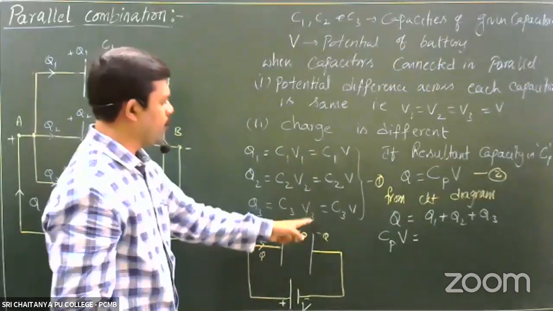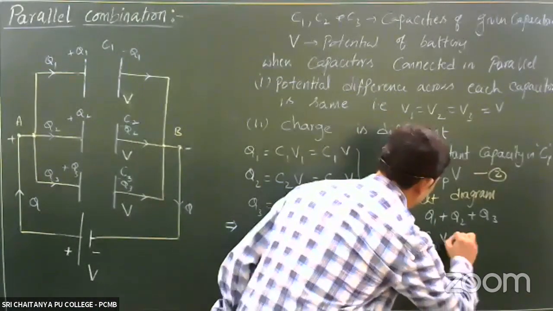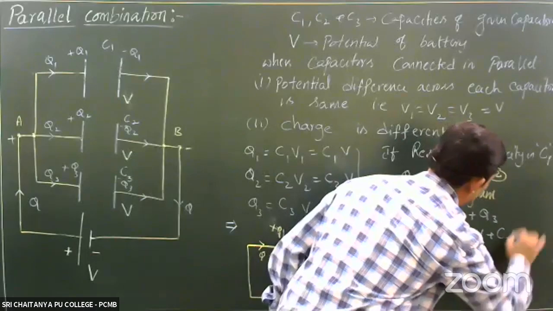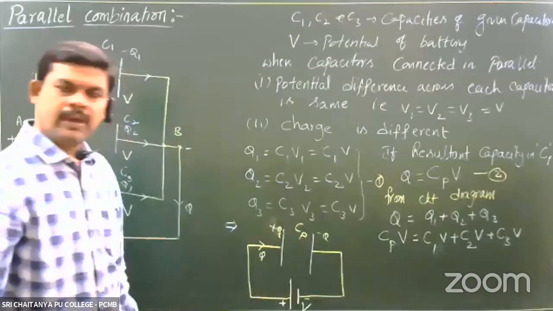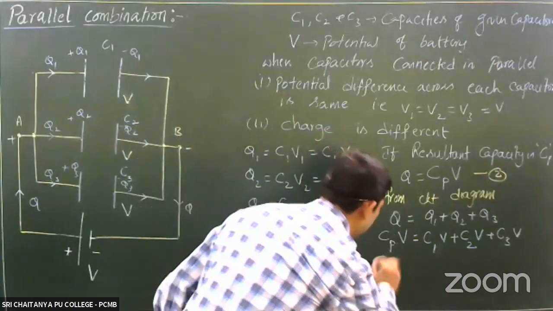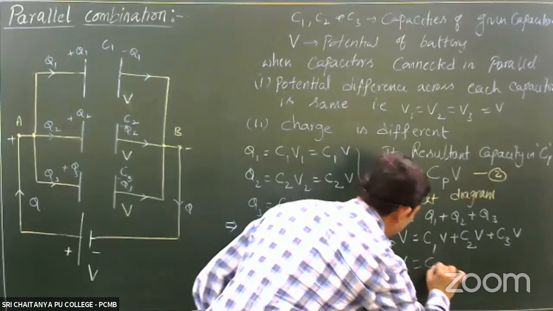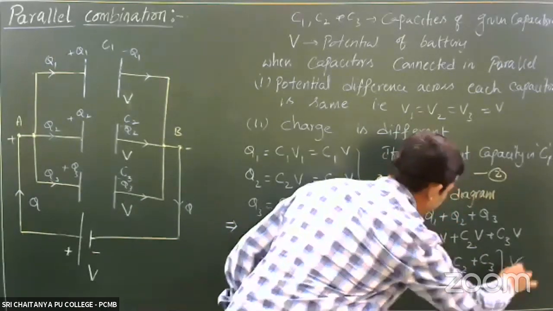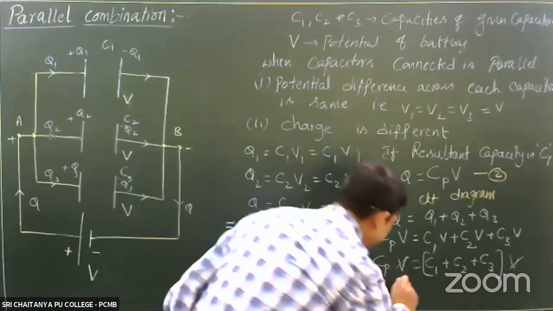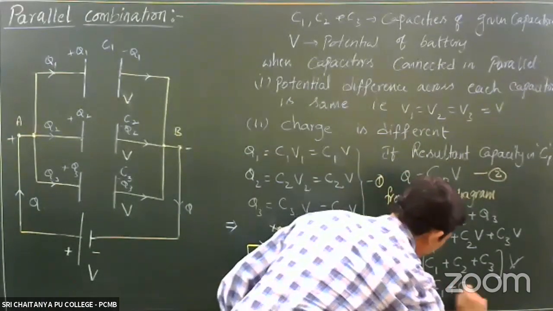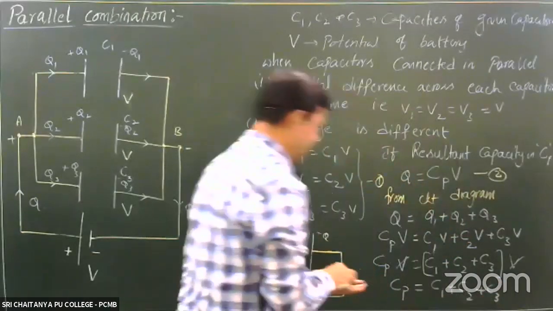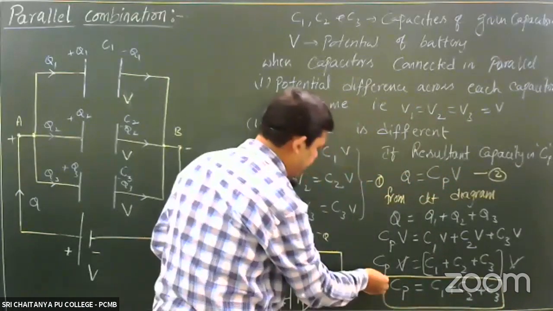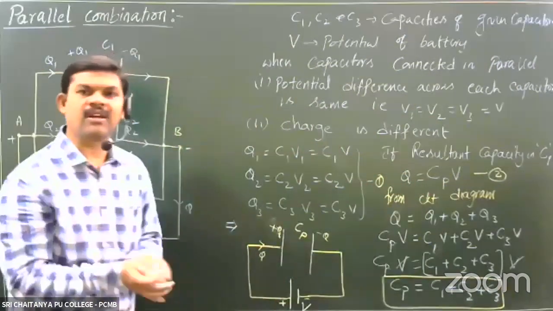Here Q1, Q2, Q3 are C1V, C2V, C3V. What is common in those? V is common. So CpV equals (C1 plus C2 plus C3) into V. V gets cancelled, and what do you get? Cp is equal to C1 plus C2 plus C3. This is the resultant capacity in parallel combination, right?